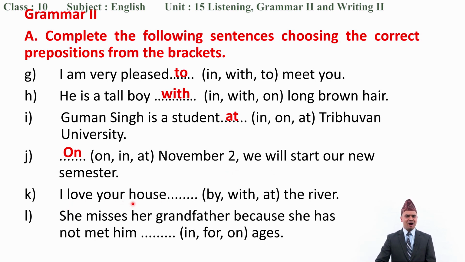I love your house the river. That means in this question, the man says that the house is near the river. So in nearness, we don't use with. Of course, we use by.